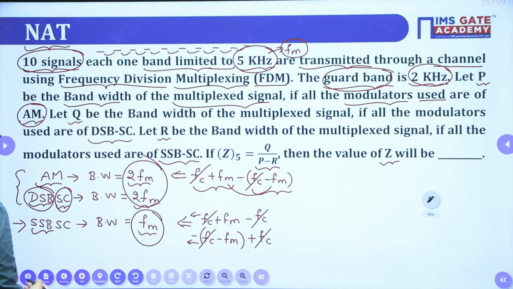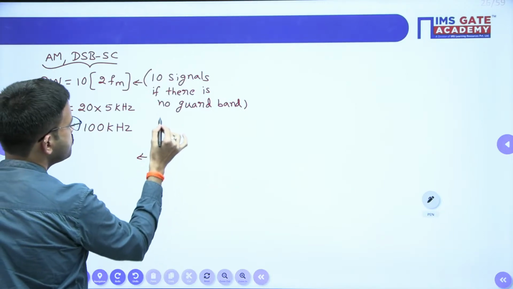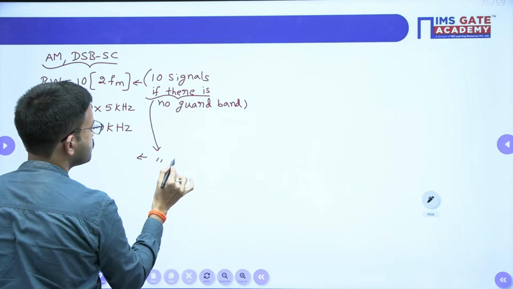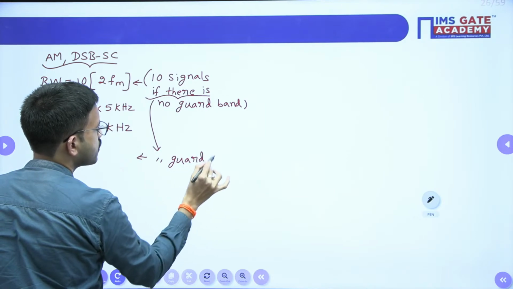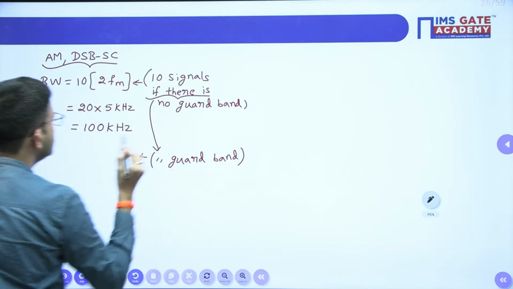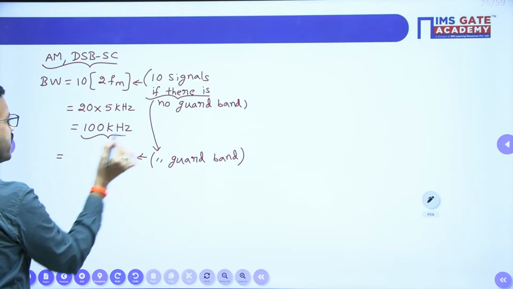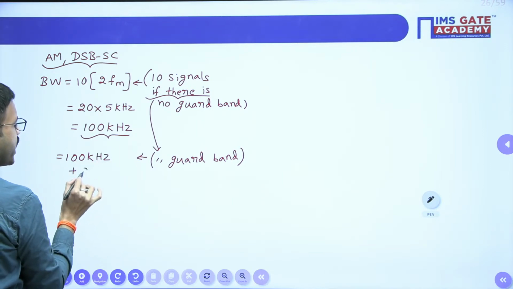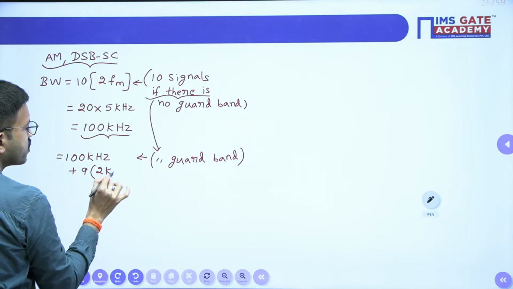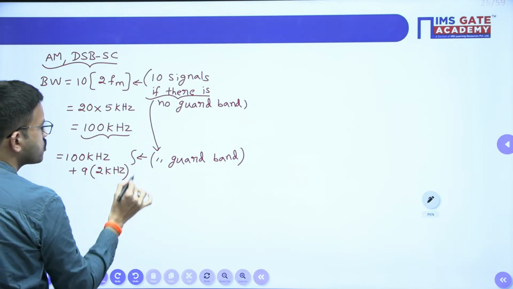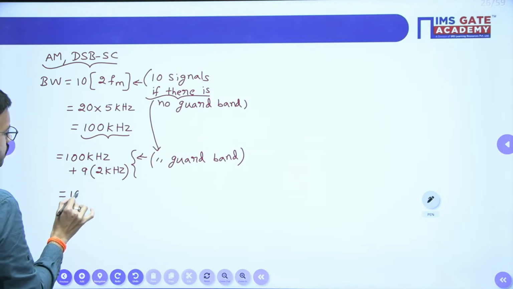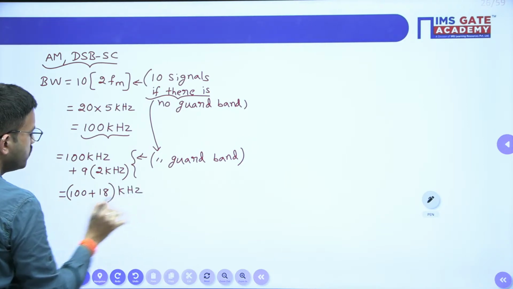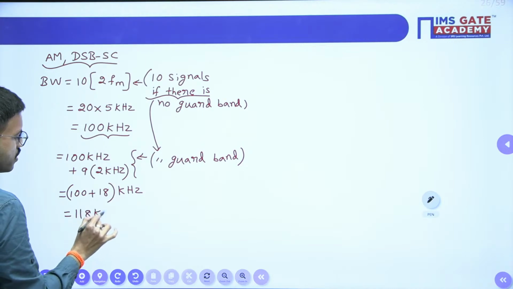Now, with the guard bands, I consider the earlier bandwidth as it is, and in addition we add 9 guard bands. With 2 kilohertz each, you get 100 kilohertz plus 18 kilohertz, so 118 kilohertz.